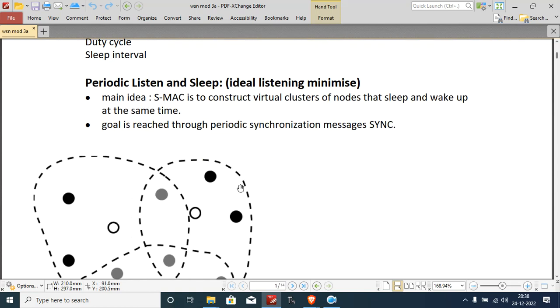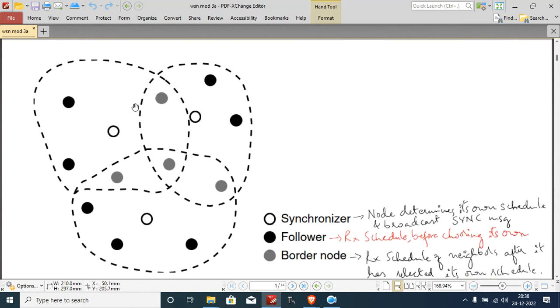What are virtual clusters? Virtual clusters are these. A single virtual cluster contains a synchronizer, follower nodes and border nodes, and let's see how these nodes get formed. Basically they all have similar hardware, but out of those nodes some clusters will be formed, out of which a few will become synchronizers, most of them will become followers, and very few will become border nodes.